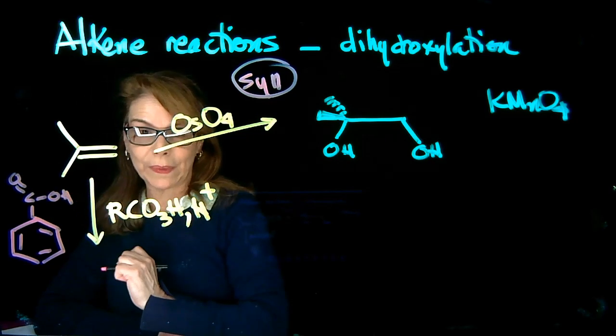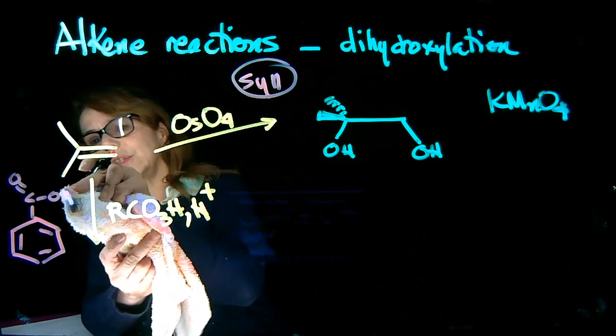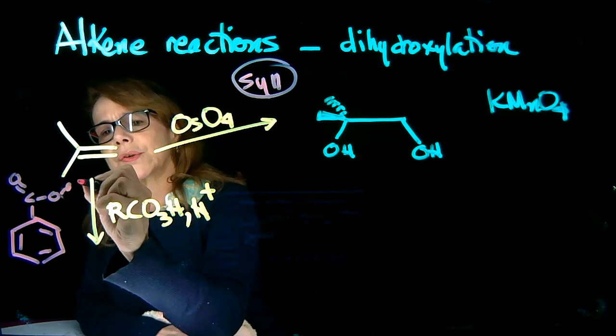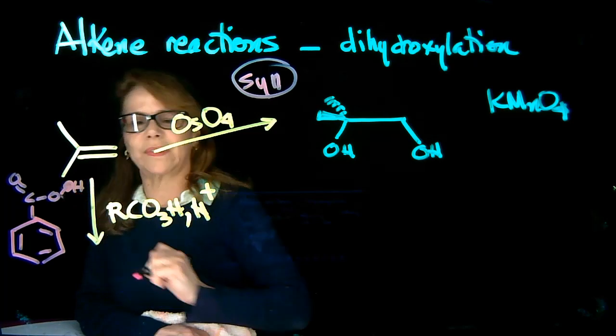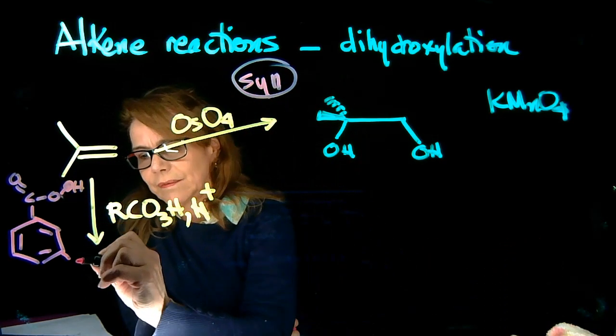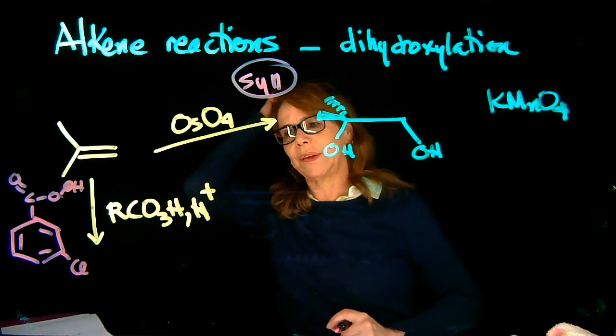But if I want to make that a peracid, I need to add another oxygen, so it will be OH, another oxygen there. All right, and so it's metachloroperbenzoic acid, a common reagent. And so that will be the structure.